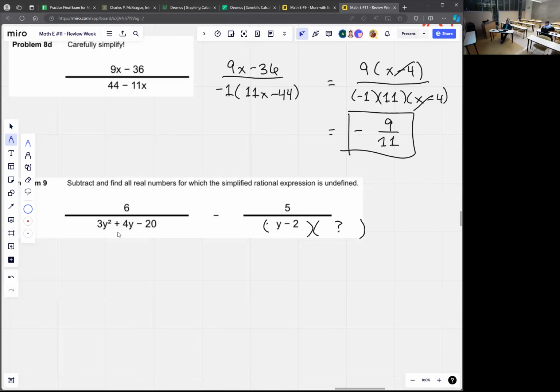I just have to figure out what that something is, because whatever that is, I have to do it on the top to be fair. So it's probably going to be a y minus 2 times a 3y plus something. What else?